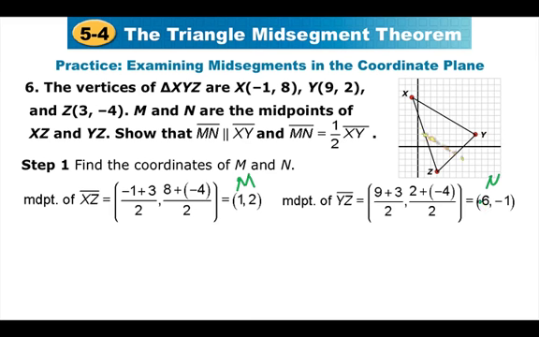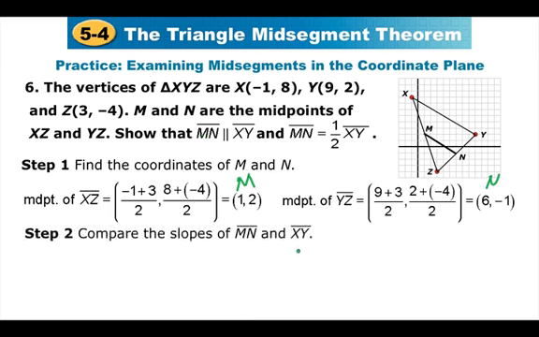Let's highlight that on the graph. Here's the midpoint M, and here's the midpoint N, and I connect them with a segment. At this point, I'm going to show that MN is parallel to XY, so I need to use the slope formula.